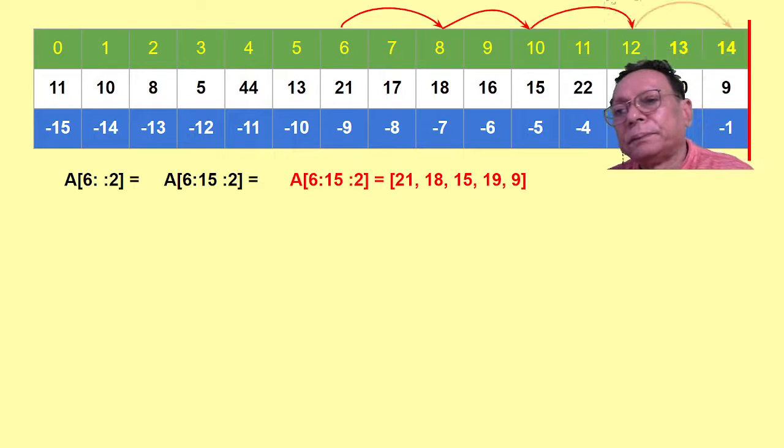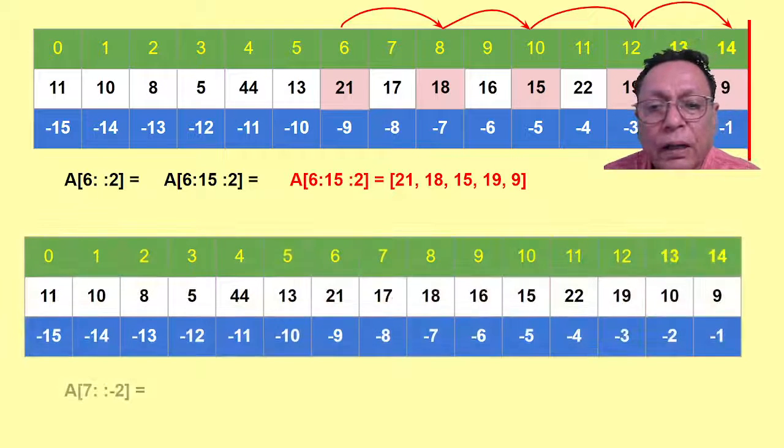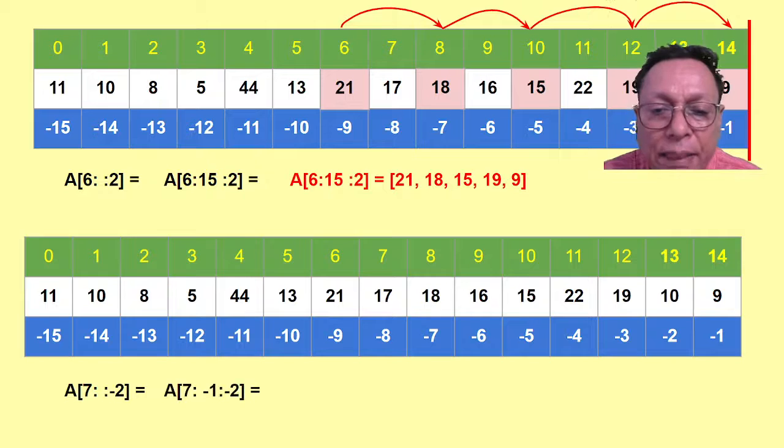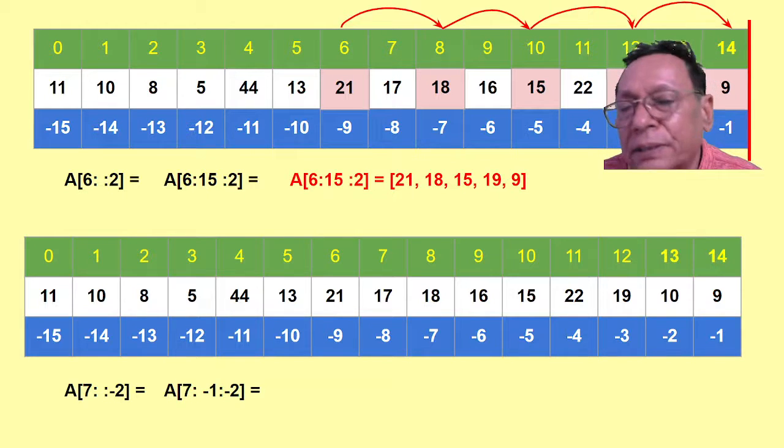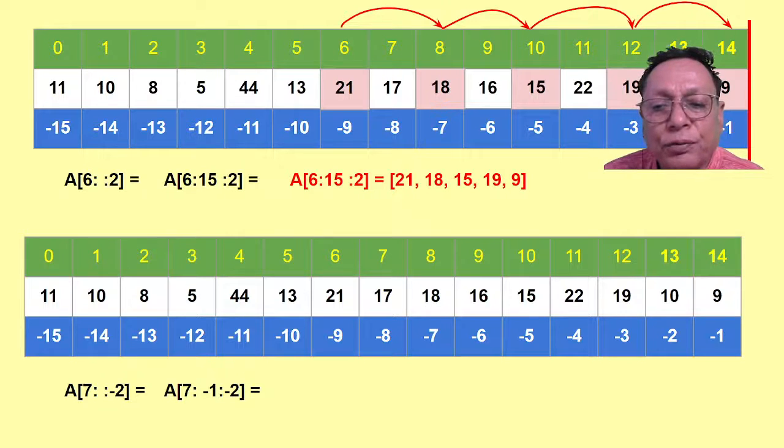See this? Now in another example, we have the list and this time also we have missed the stop index. So see here, we'll have to move from right to left.